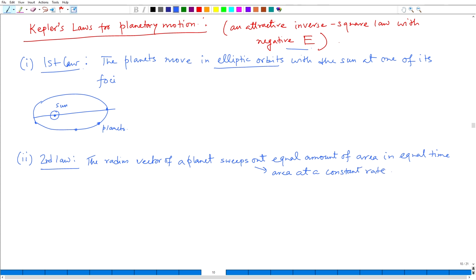That means that if the sun is here and the particle is moving in a trajectory like this.